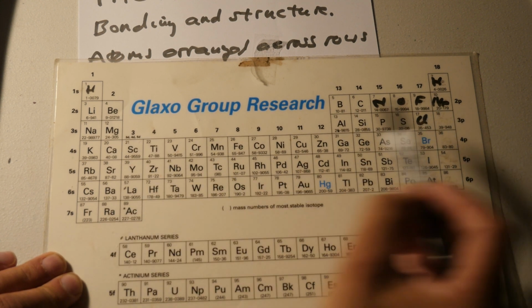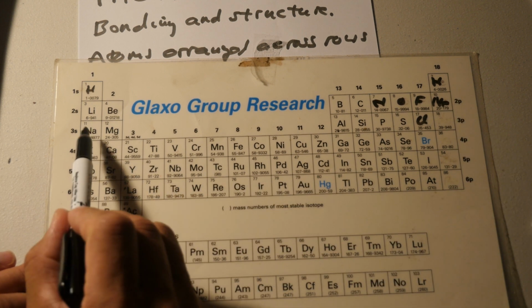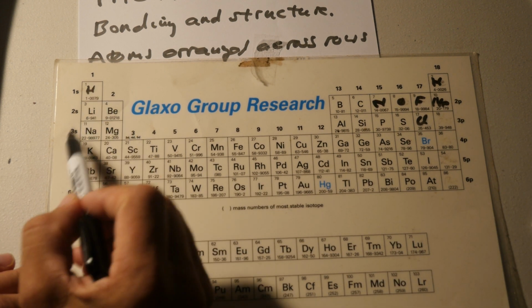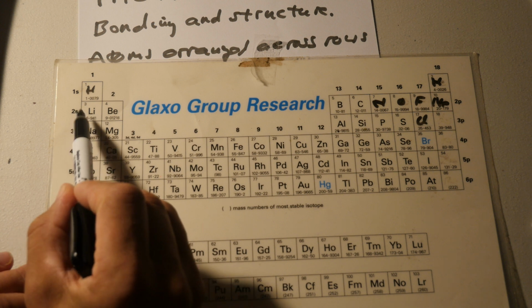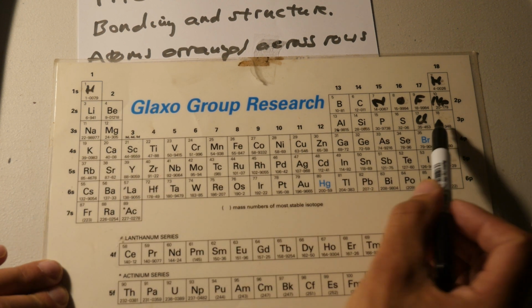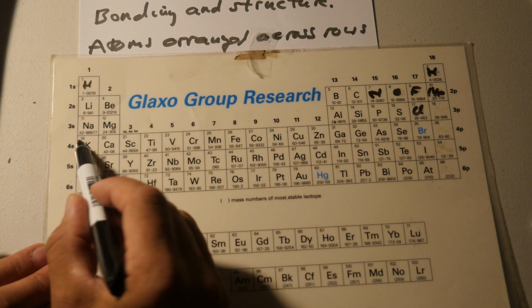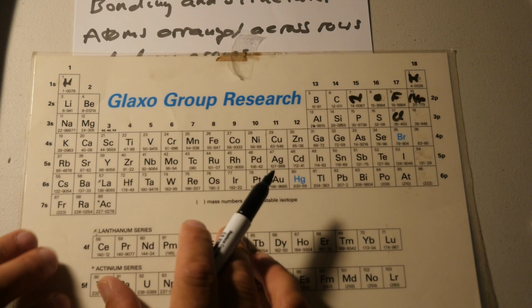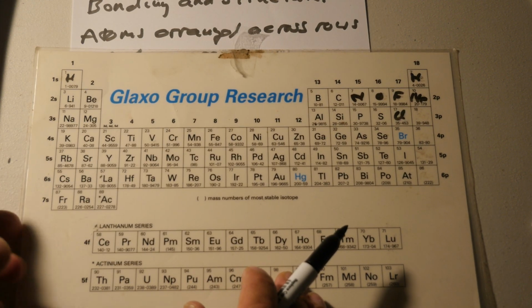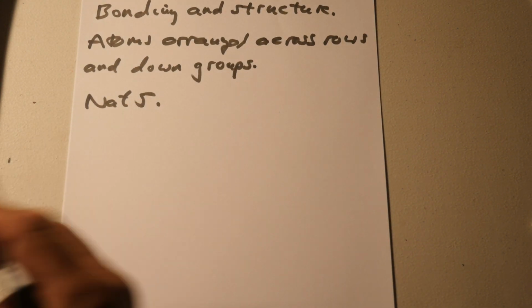When it gets to neon, it's a completely full outer shell. Same with this one: 2 in the first shell, 8 in the second shell, and the third can have up to 18. So that's the periodic table. You should know your National 5 inside out.